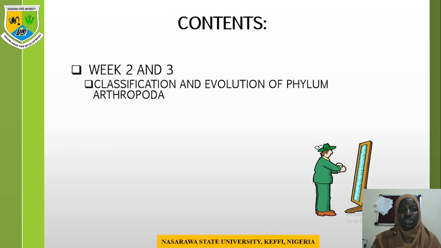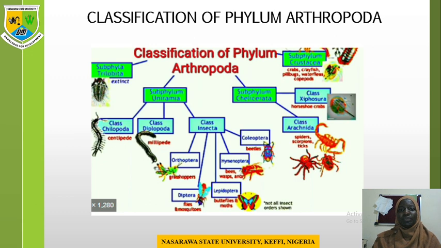In this lecture, we are going to be treating the classification of phylum Arthropoda and then the evolution of this phylum. There are many classifications proposed for the phylum Arthropoda. In some literatures, we say class Uniramia, Trilobita, Chelicerata, and Crustacea.